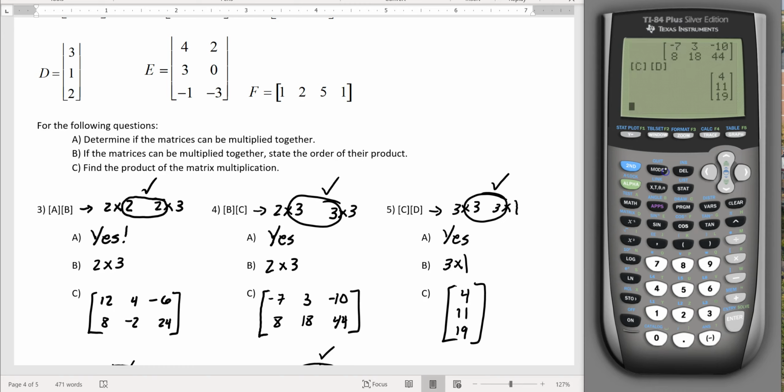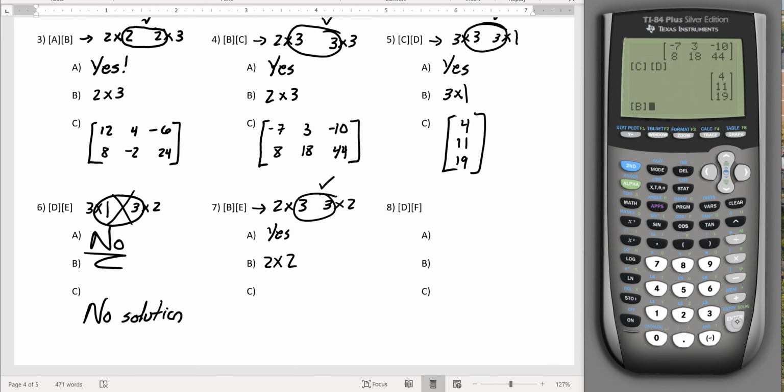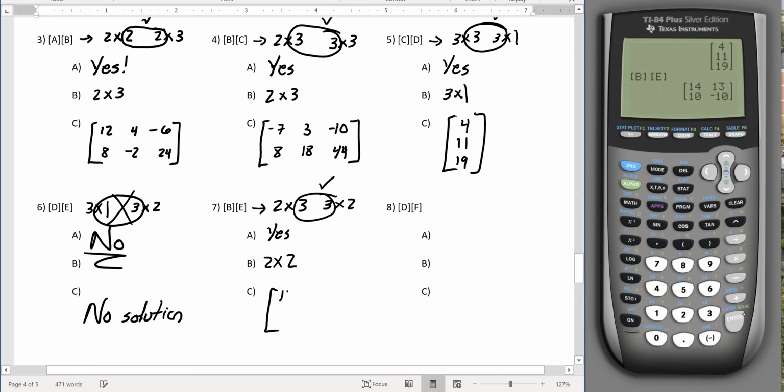Excellent. So second quit, second matrix, and I am doing B times E. So I'll go down to B, press enter, second matrix, go down to E, press enter. 14, 13, 10, -10. That 2 by 2. There we go.